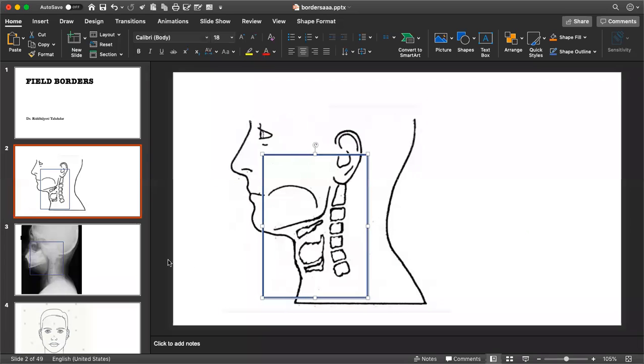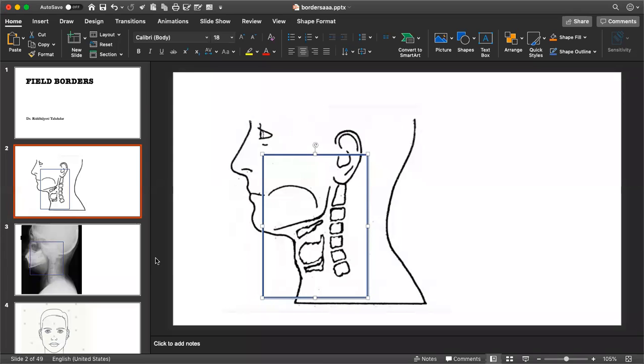The superior border, again, in case of oropharynx, I have been through various literature. There are not many literature talking about the field borders, as we all know.